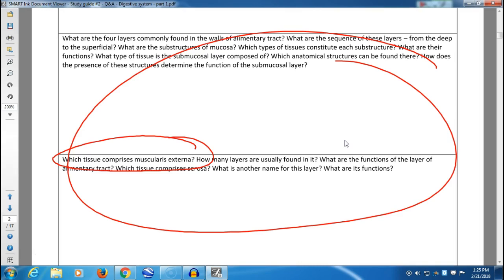Okay? This is going to be pretty basic. So please know those substructures. Like, if I ask you where you're going to find smooth muscles, you tell me it's going to be either muscularis externa or muscularis mucosae. Where we're going to find lamina propria, that's going to be the mucosal layer.